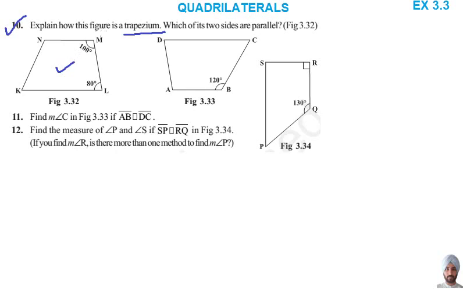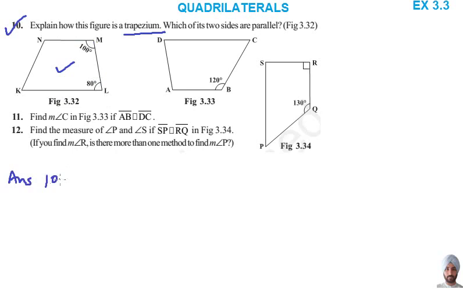So here we can see that this 100 degrees and this 80 degrees are lying on the same side of the transversal. This is the transversal and these are the lines, and in case they are supplementary, then MN should be parallel to KL.